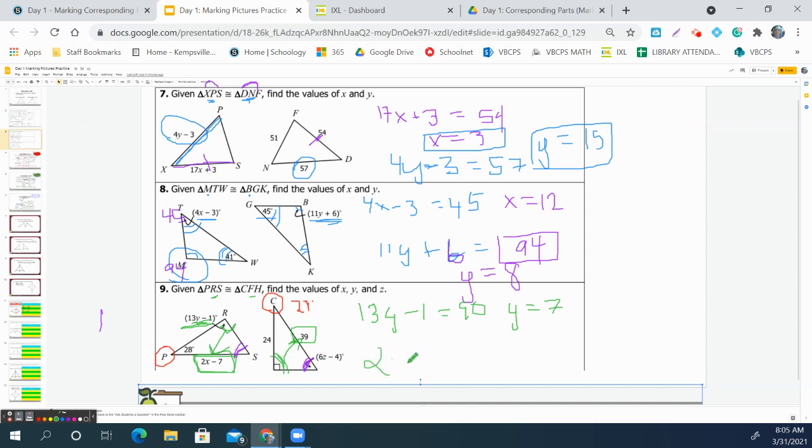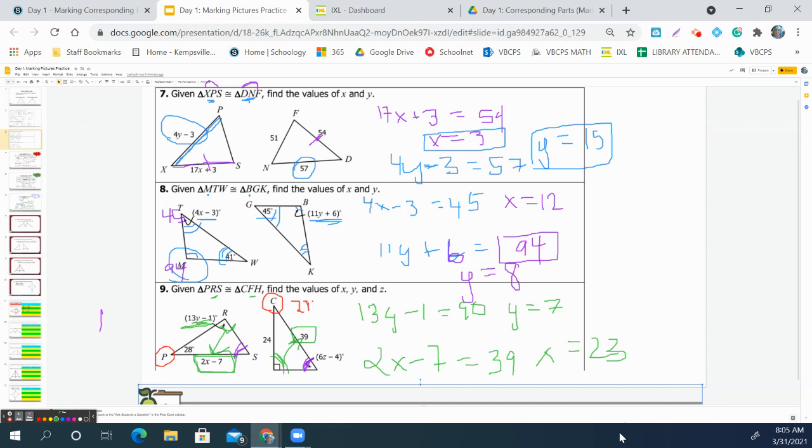So we're going to do 2x minus 7 equals 39. And then do 39 plus 7 divided by 2. So what is 39 plus 7 divided by 2? Awesome. X equals 23.